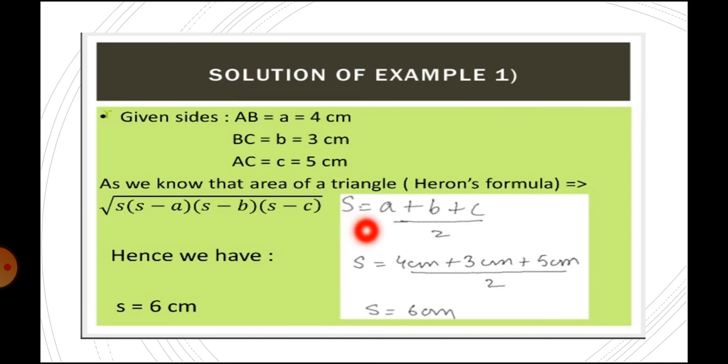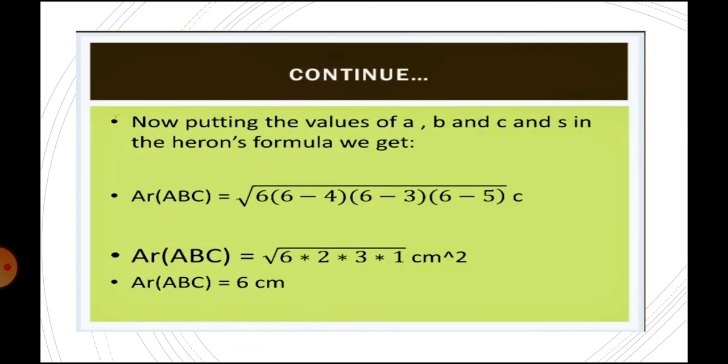Here s is equal to a plus b plus c divided by 2. Here s is equal to 6 cm. Putting this value in the formula, we get the area of triangle ABC is equal to 6 cm square.